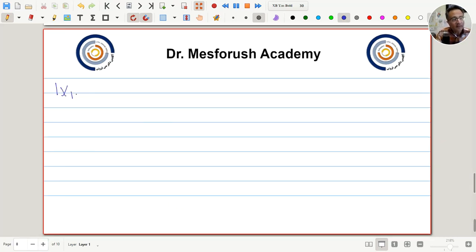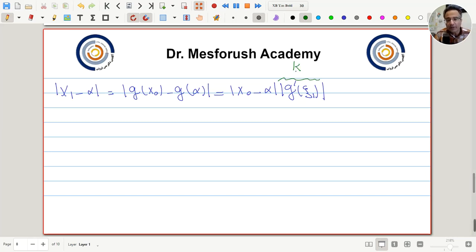We have absolute value of x1 minus alpha is equal to absolute value of g of x0 minus g of alpha, and this will be absolute value of x0 minus alpha times g prime of xi1. Okay, and we proved that this value should be less than k.